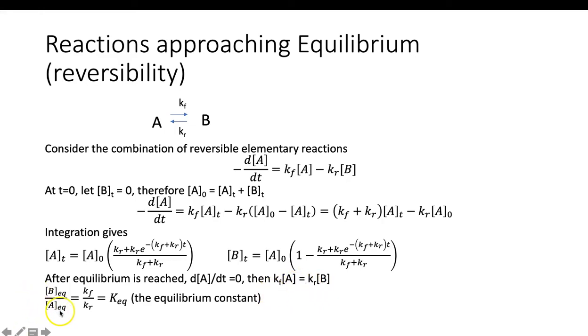And then we know from thermodynamics that it's products over reactants. And if we're looking at the elementary reactions, it's written this way, which means this ratio is the ratio of the rate constants, which is equal to our equilibrium constant. So that's how we can connect that time dependence eventually to our thermodynamic value, the equilibrium.